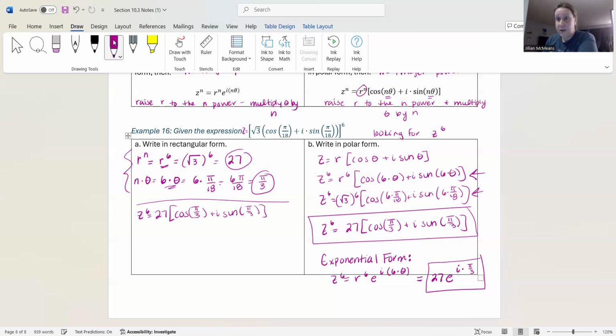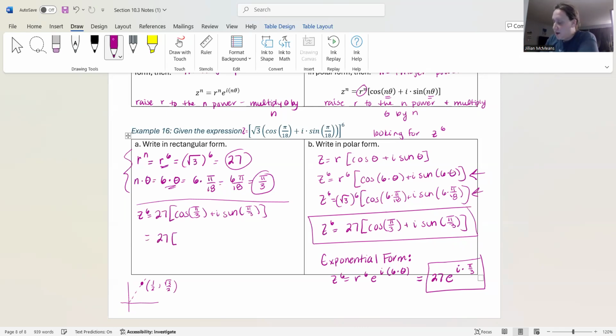To get rectangular form, we literally evaluate for pi over 3. Remember, if we're dealing with cosine and sine, pi over 3 is right here. We have that cosine is a half and sine is root 3 over 2. So we're going to plug those values in.